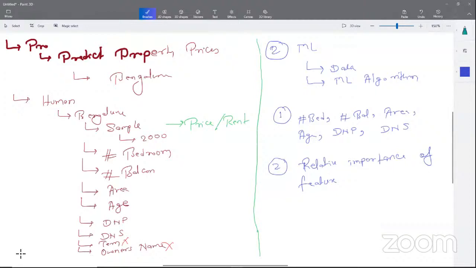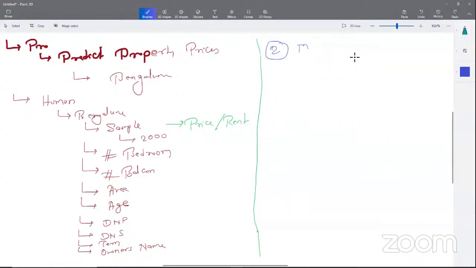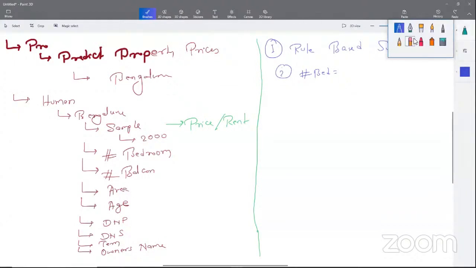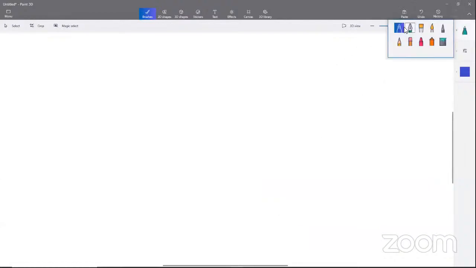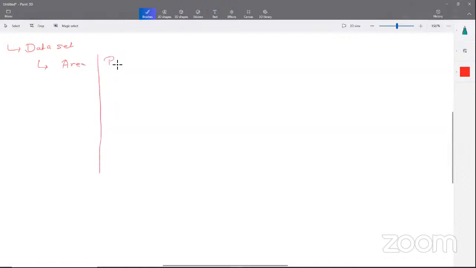Now let me give you an example to understand this. Say if I tell you that we have a data set with two columns, area and property price.